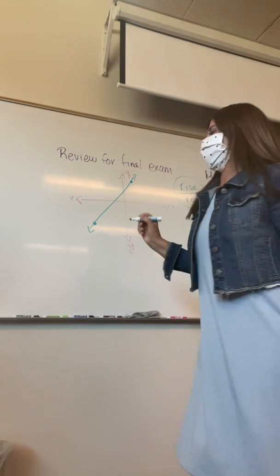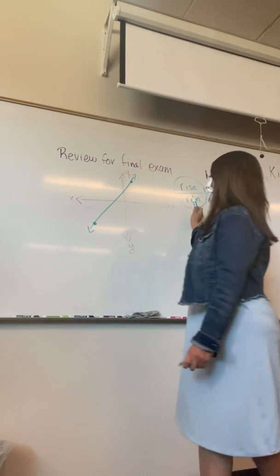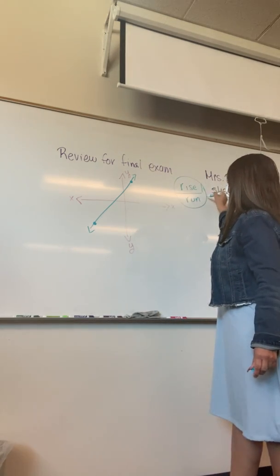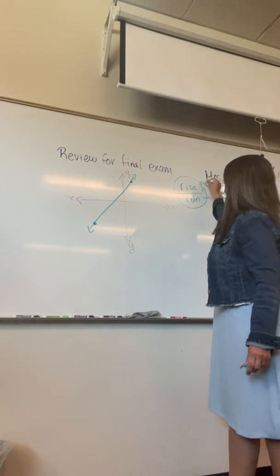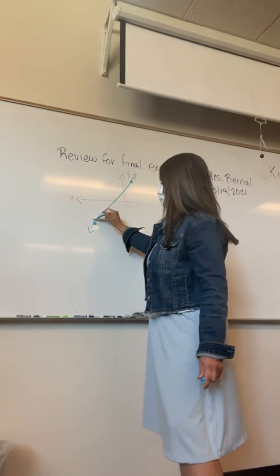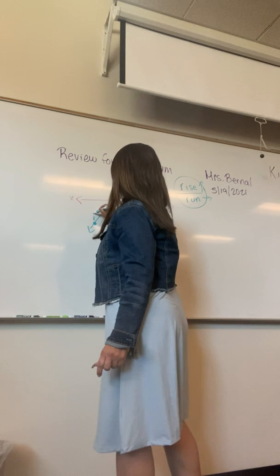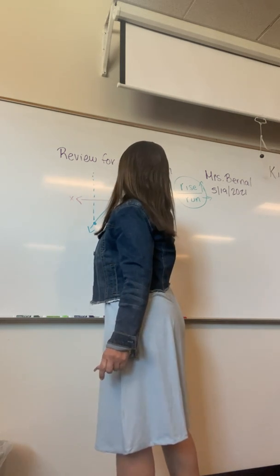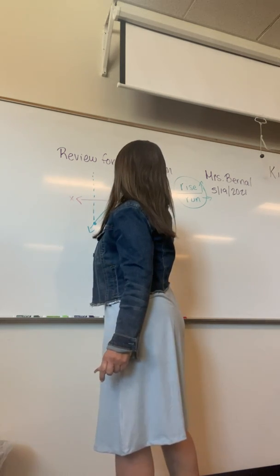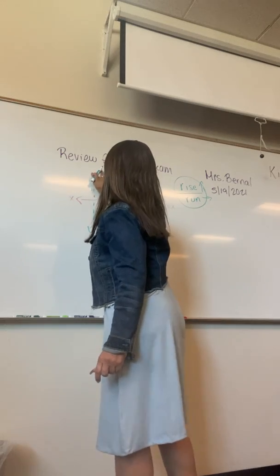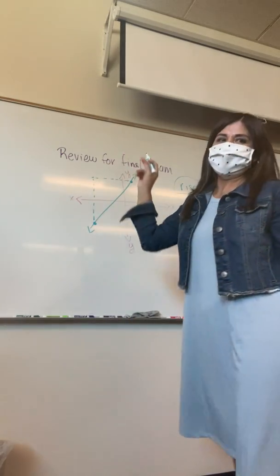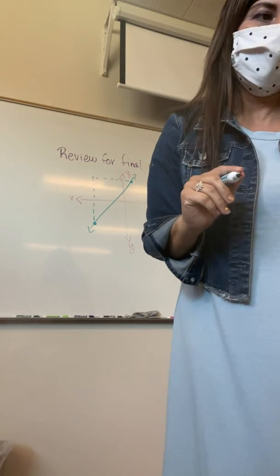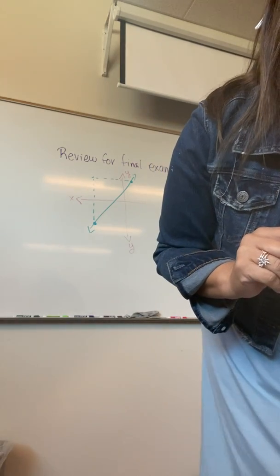So what we do, since it's rise over run, it's up, and then to the side, we start counting the spaces, like right here, up, and then to the side, okay? The spaces up on number 1 that we have, how many spaces do we have?